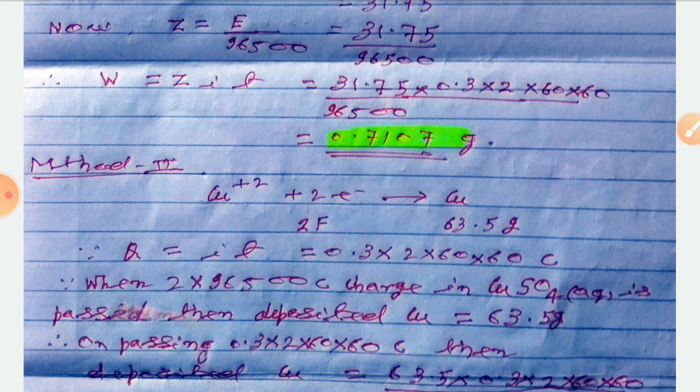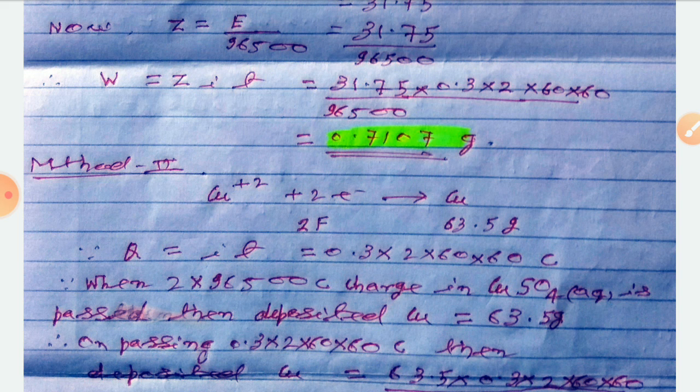So in short, 1 mole of copper ion gives 63.5 gram deposited at the cathode. In this situation, the required charge is 2 Faraday, that is 2 into 96,500 coulomb.